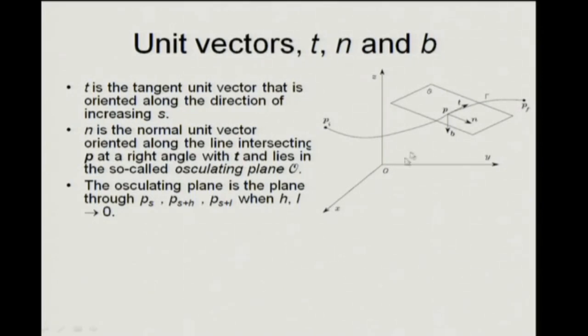Once you have this, given a path in space, there are three vectors which you need to define. There is a vector which is tangent to the path, which is perhaps easy to understand. Then there is n, which is called the normal unit vector. Now this is a little bit more complicated. Why? There can be infinite numbers, especially if you have a line.